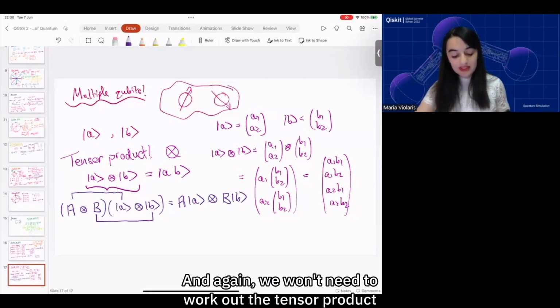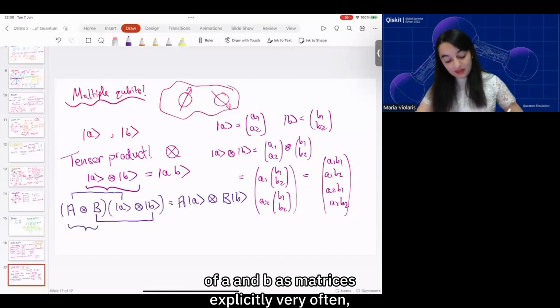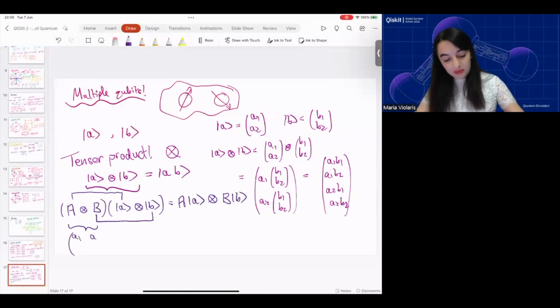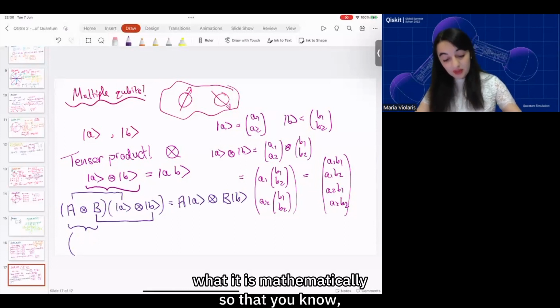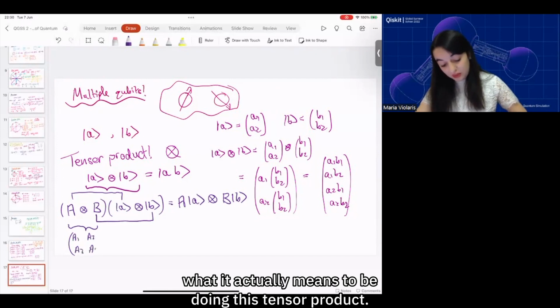And again, we won't need to work out the tensor product of A and B as matrices explicitly very often, but I will show you what it is mathematically so that you know what it actually means to be doing this tensor product.